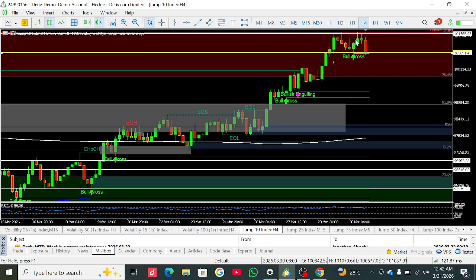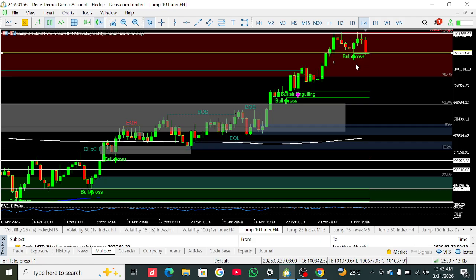All right, so having seen this, the market came into this place and it created a double top. One thing that you need to know is that not all double tops are reliable.